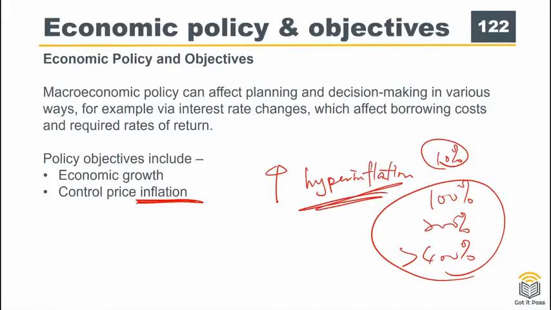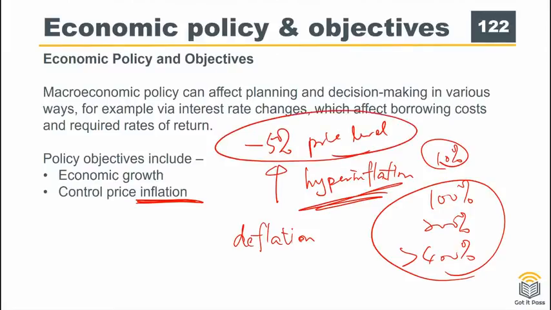The opposite is deflation, which is also an issue. Deflation means the opposite of inflation, maybe -5%. The price level keeps dropping every year, say a 5% drop in the overall price level. It means that for anybody, holding cash is the winner.